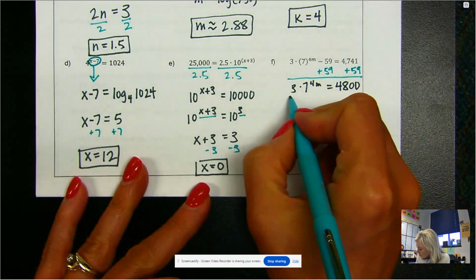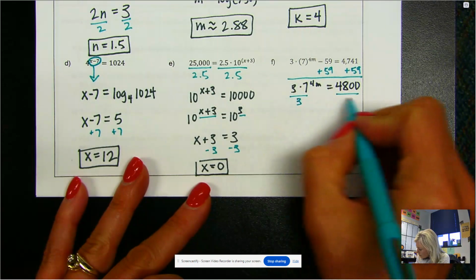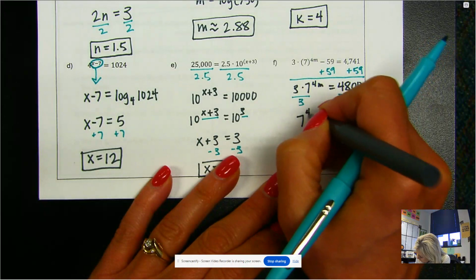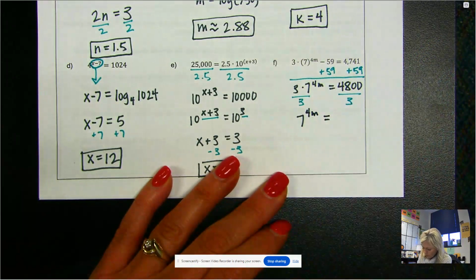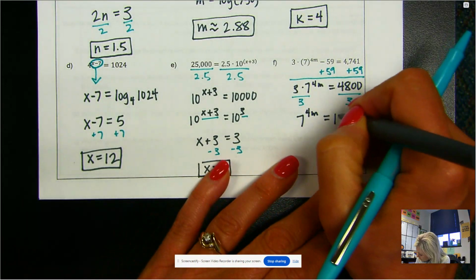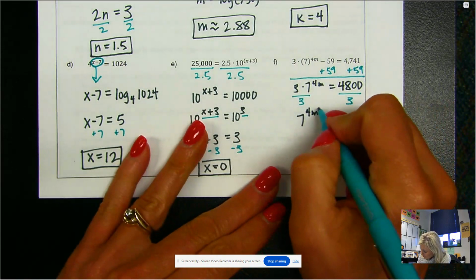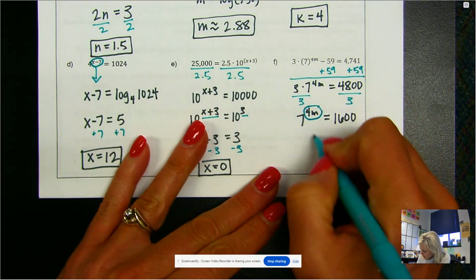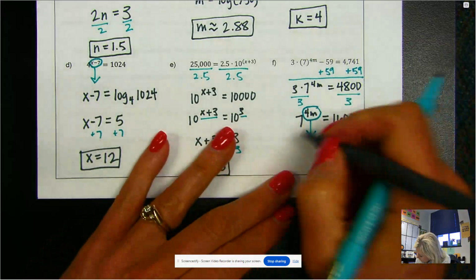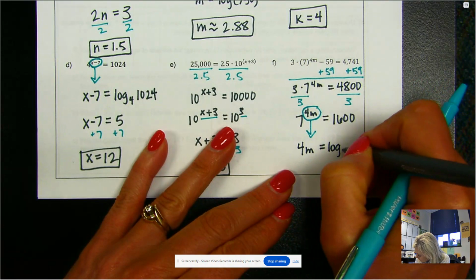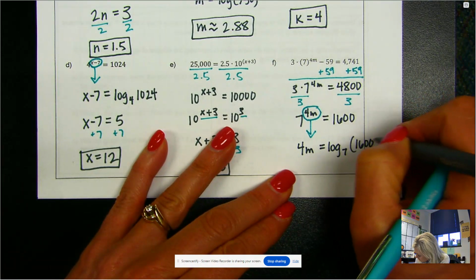Okay, now we need to divide this 4,800 by the 3. And so we get 7 to the 4m. 4,800 divided by 3 is 1,600. Okay, so we've got the base and exponent by itself. We're ready to switch to log form. Bring the exponent down. 4m equals the log base 7 of 1,600.